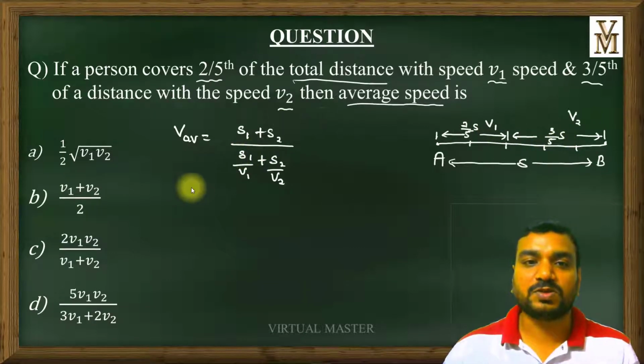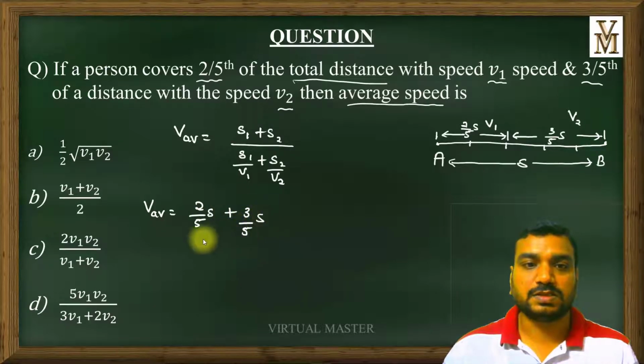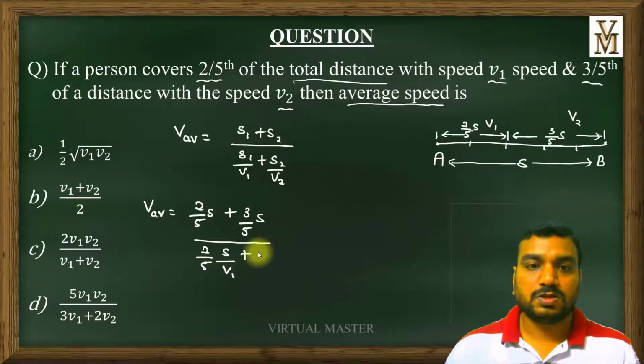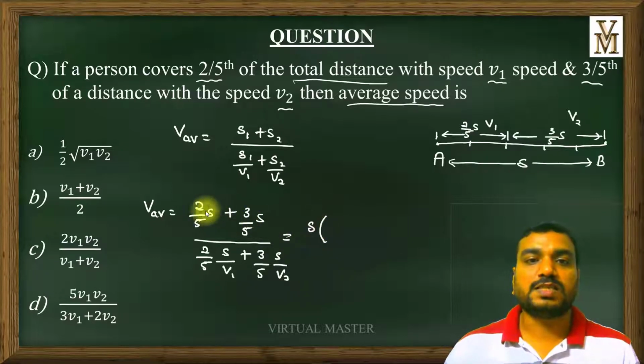Now substituting, we get V_av equals 2/5 into S plus 3/5 into S divided by 2/5 into S by V1 plus 3/5 into S by V2. In the numerator I am going to take S common. After taking S common and simplifying, 2/5 plus 3/5 gives 1.